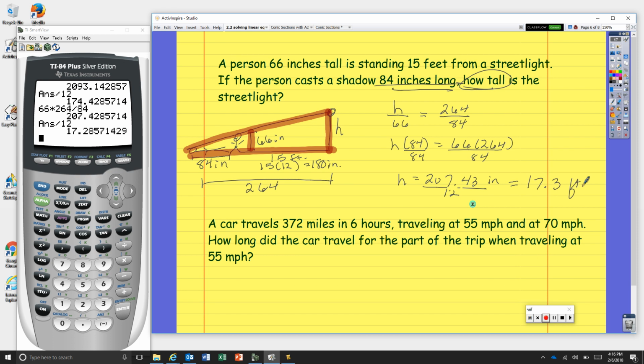Does it make sense that a street lamp would be 17 feet tall? It seems it's reasonable. The street lamp is about 17 feet tall.